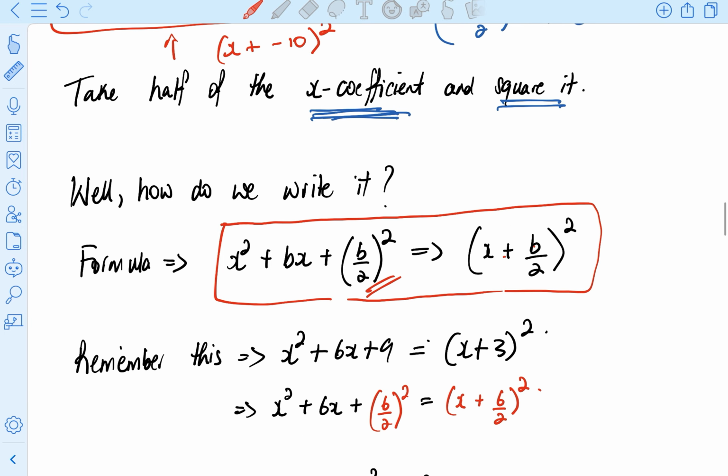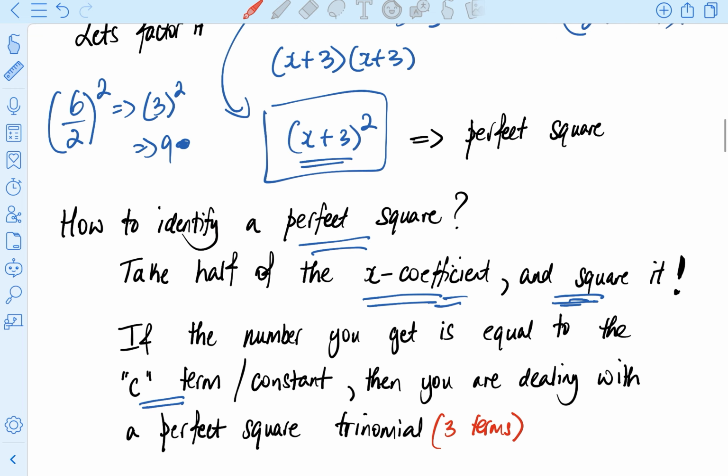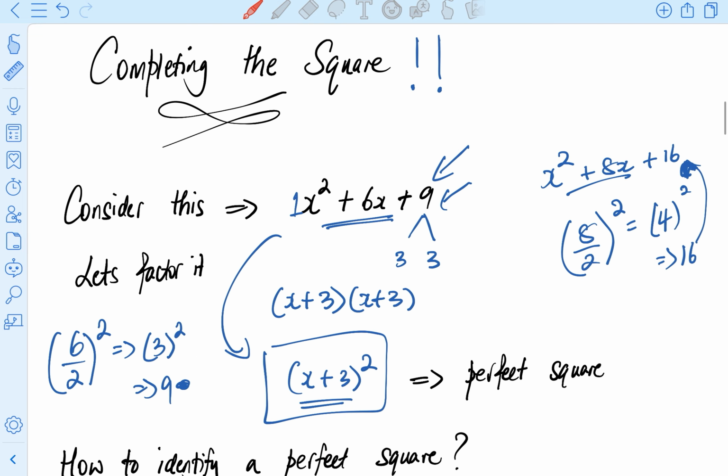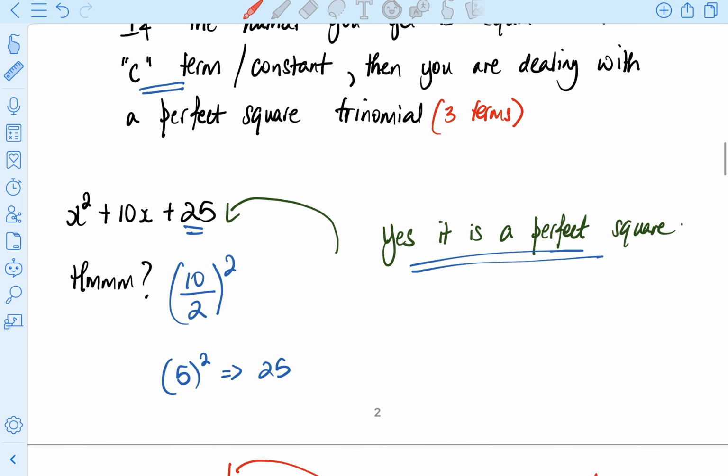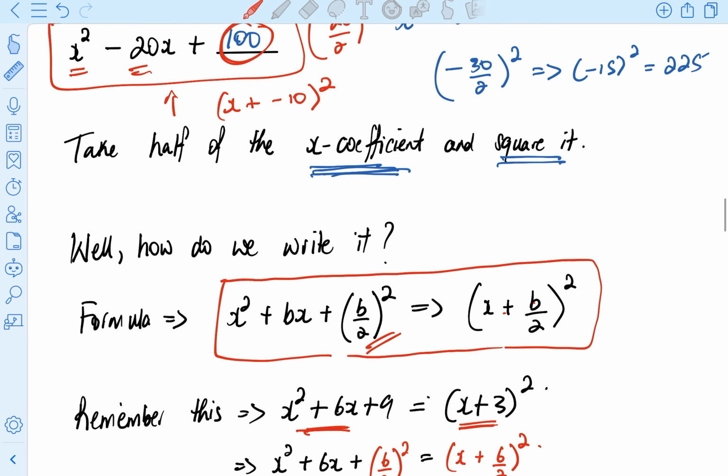So back to our original question, x squared plus 6x plus 9, we already know it's x plus 3, because we already factored it before. Let me scroll back so you can see it right here. What I want to do is just use the formula to look at it.